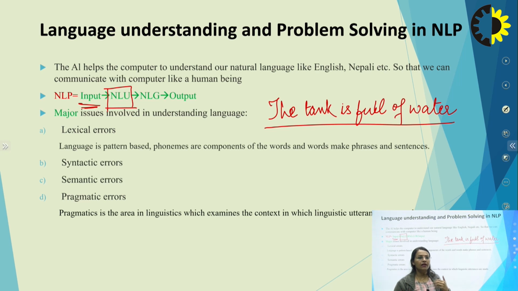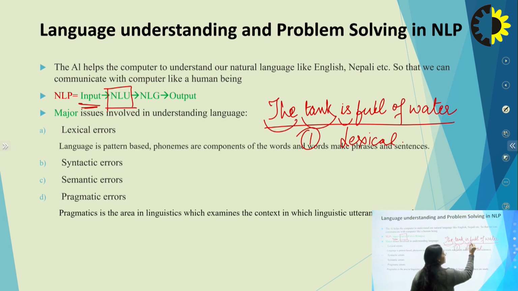But when it comes to a machine, the first phase of NLP, natural language understanding, is the lexical division. Lexical division, or the lexical phase, is the division of the sentence into tokens. So this is one token, this a second token, this a third, fourth, fifth and sixth token as well.